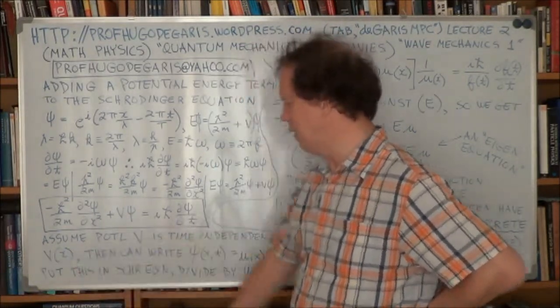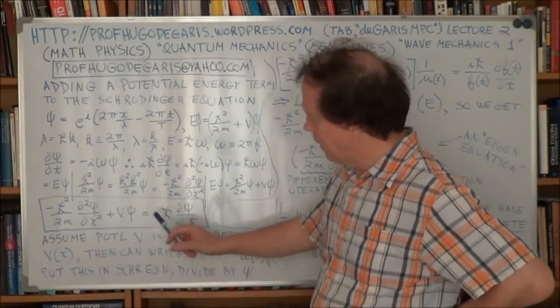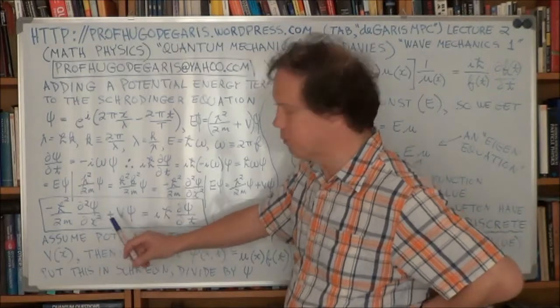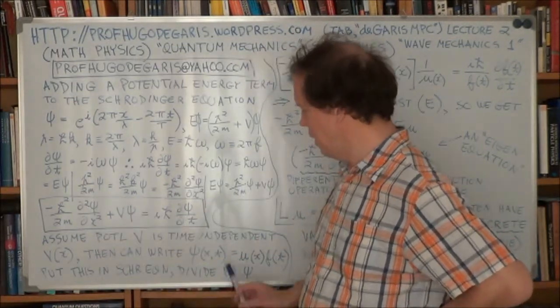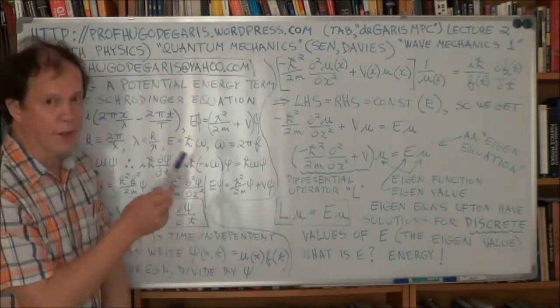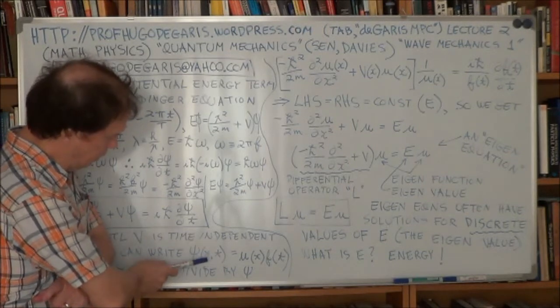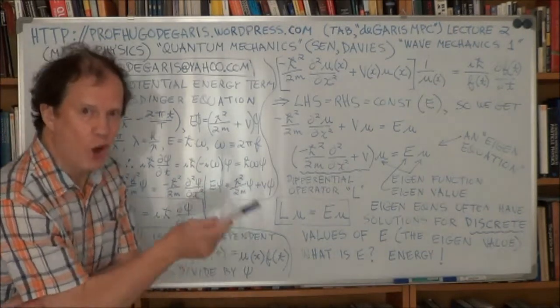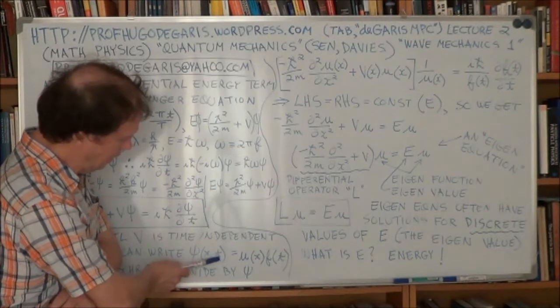Right, so it's v of x. Now, if that's the case, then you can split up, in a manner of speaking, this psi function into two terms, the product of two terms. In general, your psi function is a function of position x and time t.